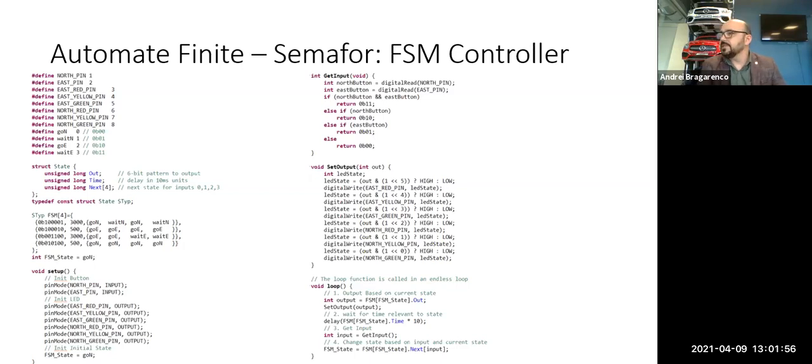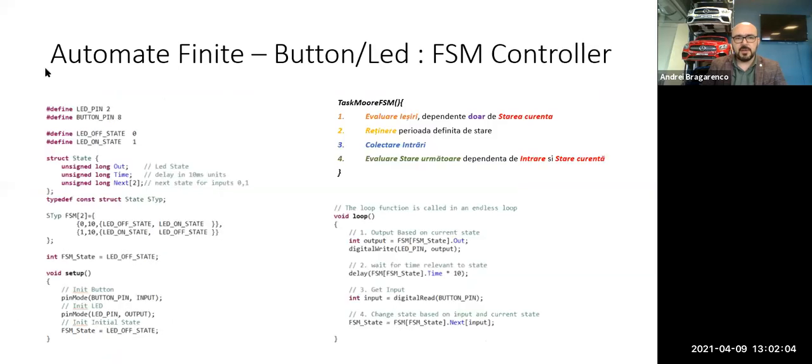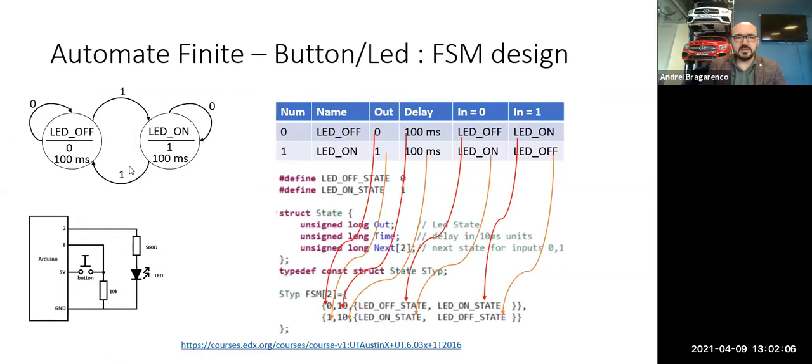Still waiting. So the idea is to follow those steps. First step, design the diagram, convert it to table, and this is related to this. The outputs are related here, what we are generating.